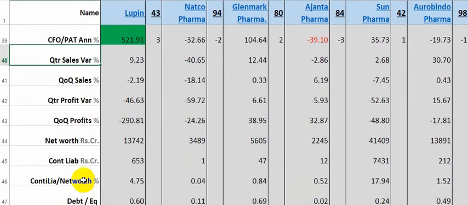Next, let us check the quarterly results YOY, that is March 2018 quarter to March 2019 quarter, and then we'll also look at the quarter on quarter, that is from December quarter to March quarter, sales and profit growth rate. So what we did in the previous analysis was, first we analyzed the 5 years cash flow and the profit growth rates.